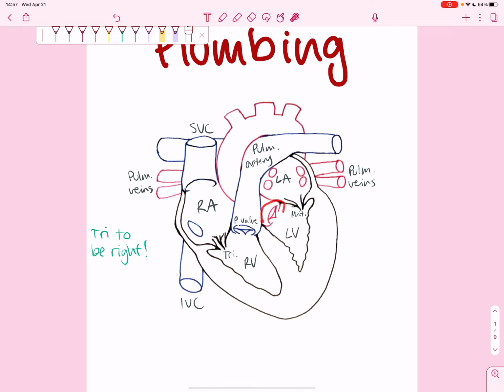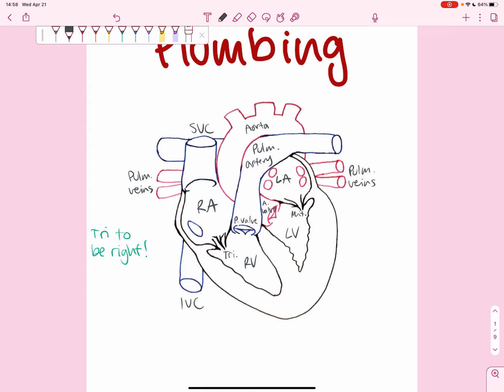And then this valve right here is the aortic valve. I'm going to say A valve. It's kind of hard to see. And then finally, into the aorta. This guy up here.